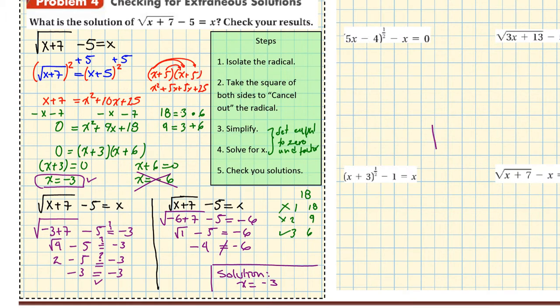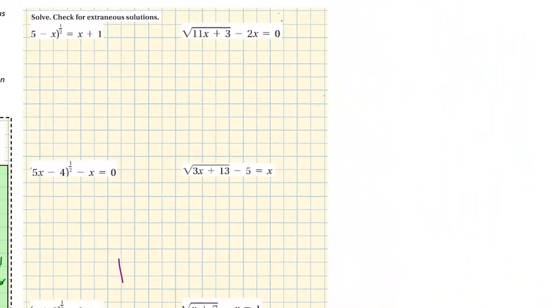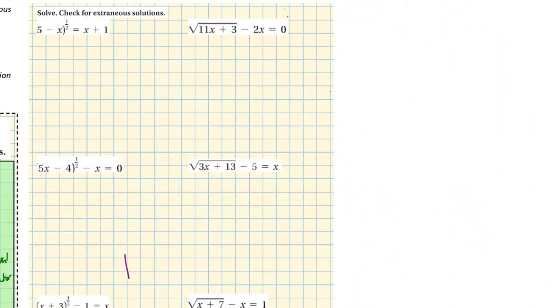Now, a few things that I want you guys to remember. If you have a rational exponent, it is exactly the same thing as having a radical. It uses a similar process, and if you want to, you can convert it back to a radical to make it easier on yourself to solve.